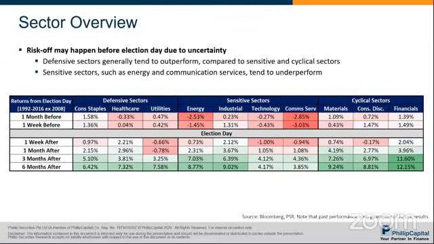Even after the elections, across all sectors, things may remain slightly muted 1 week after. 1 month after, which is around December, there tends to be some recovery. But thereafter, the bullish momentum starts to pick up going into next year, 3 months and 6 months after.